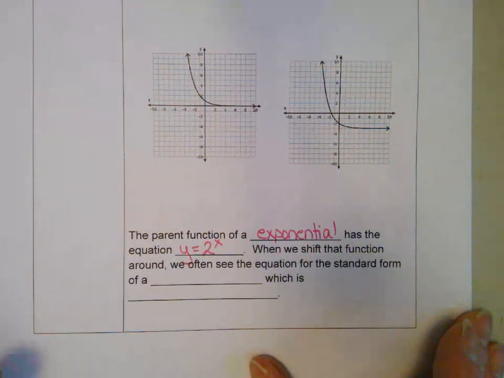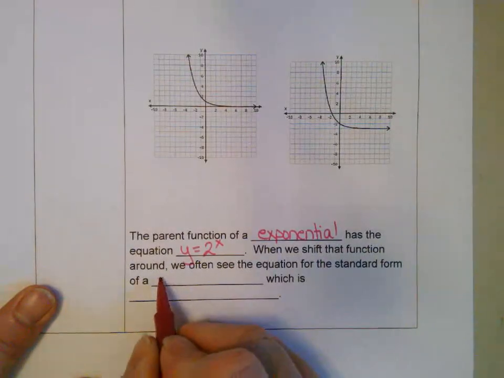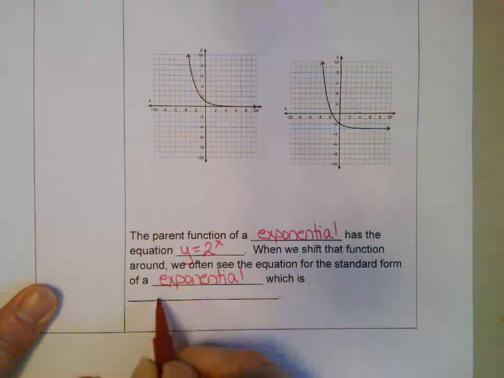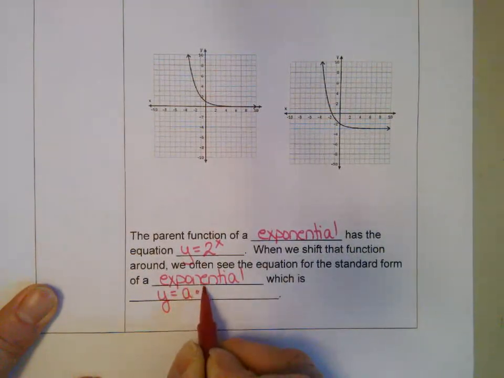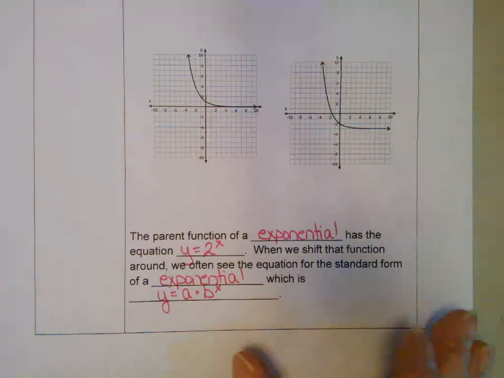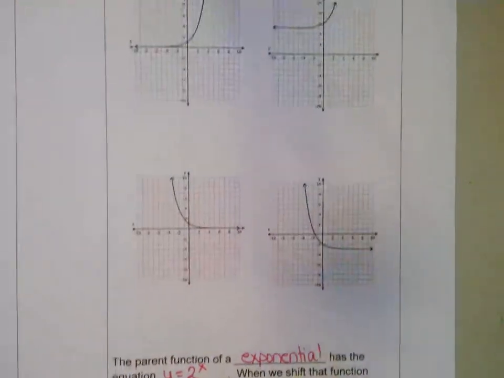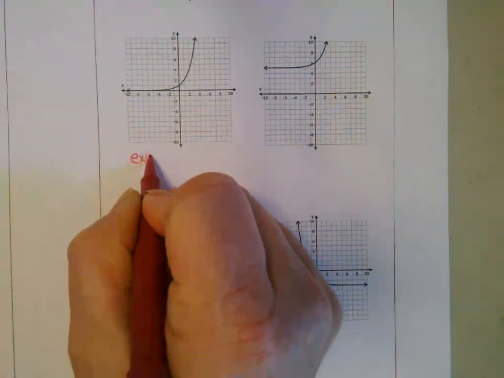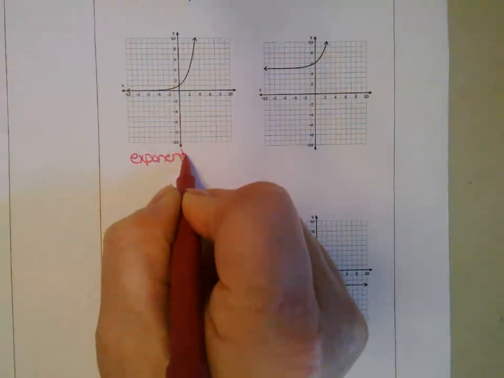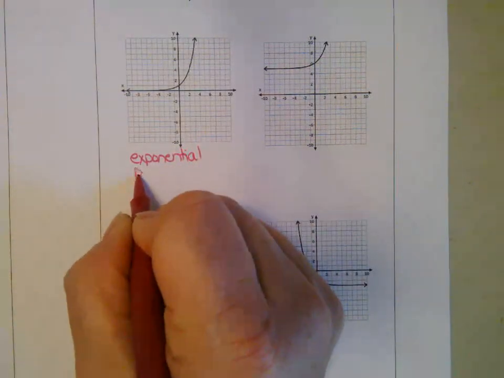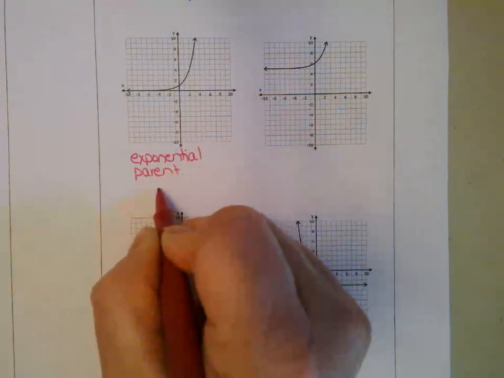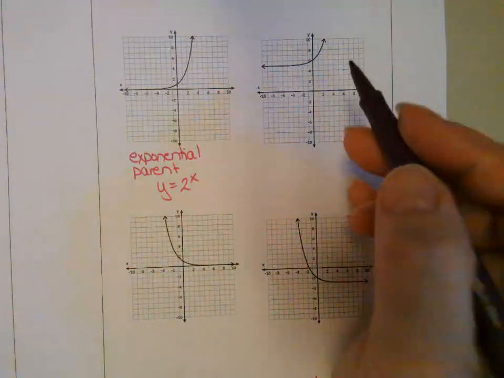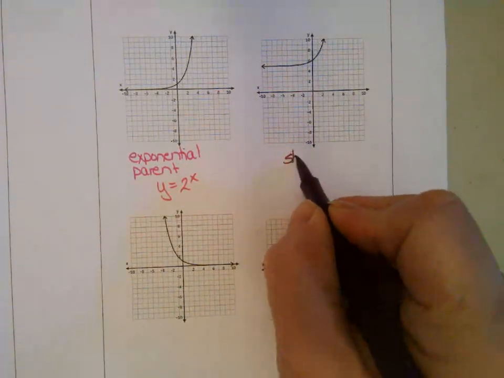Okay, so the actual equation for this one is y equals a times b to the x. And we'll learn more about that later this year. But as I look at it, here's my parent, exponential parent, y equals 2 to the x. And then I took that and I shifted it up.